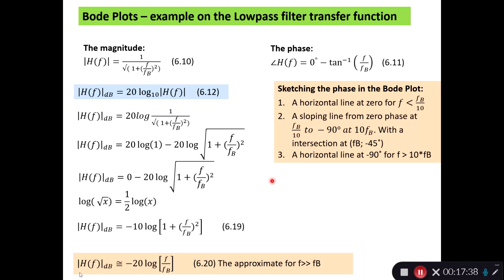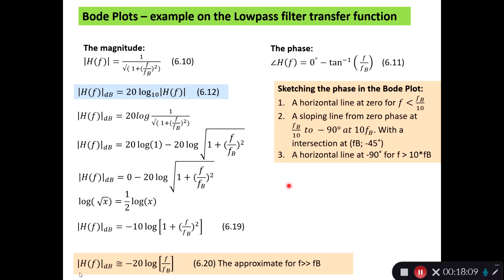For the phase, that's a bit different. We just have to remember that it's a straight line at 0 for frequencies below the breakpoint frequency divided by 10. And we get a slope directly intersecting at the breakpoint frequency at minus 45.